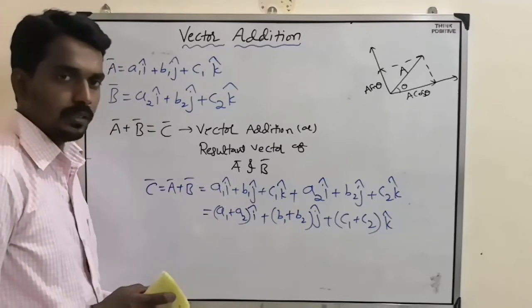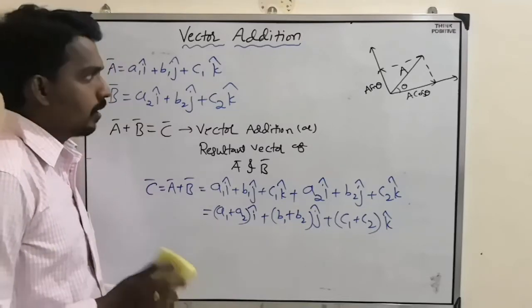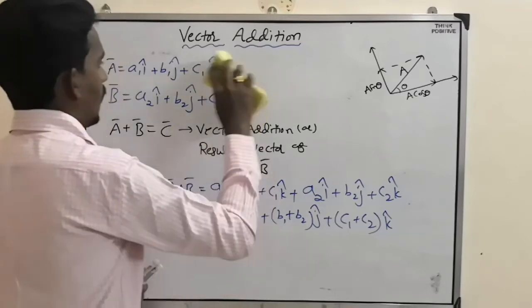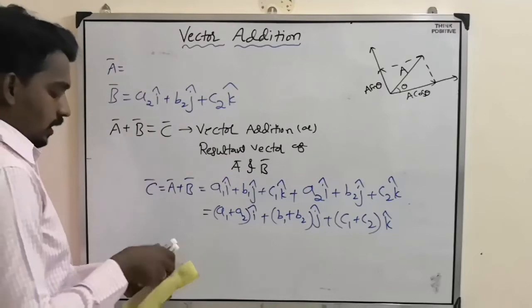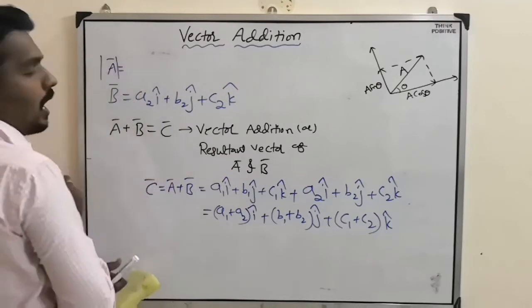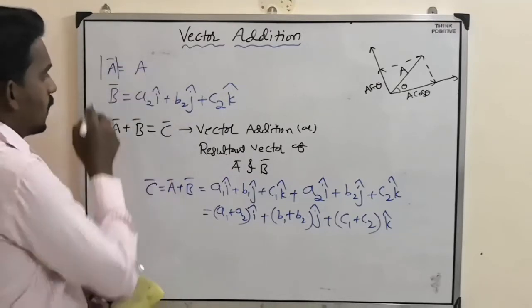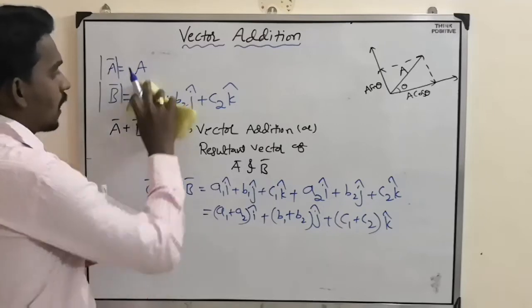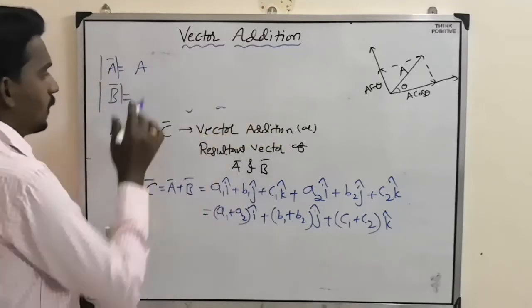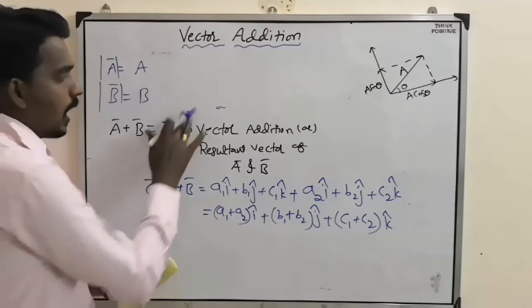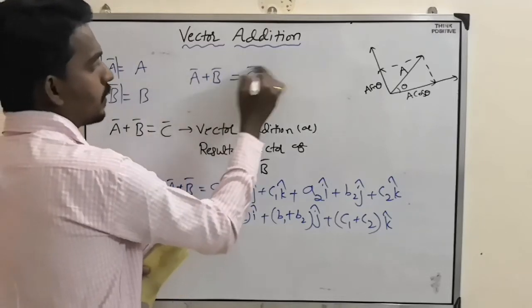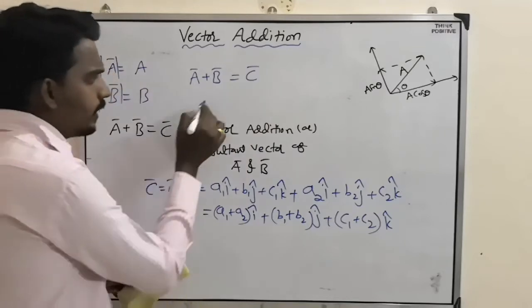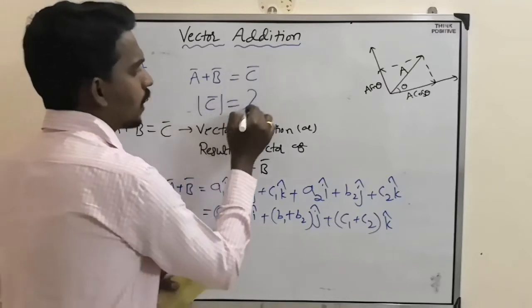But the problem comes, suppose they have given only the magnitude of A bar is A, the magnitude of B bar is B, and A bar plus B bar is C bar, then they are asking what is the magnitude of C bar.